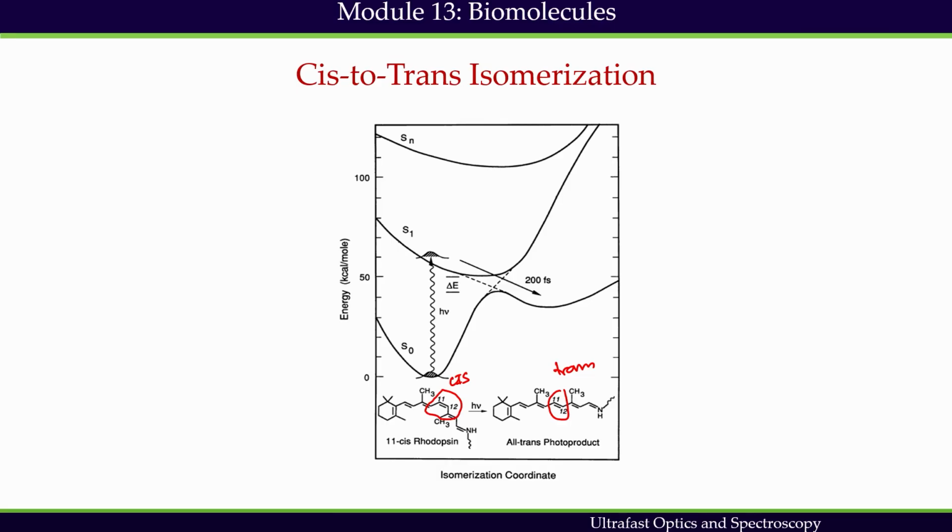So this cis to trans isomerization is the first step of our vision. The moment we see light, it excites this molecule to the excited state, and that excitation leads to a photoproduct, which is the all-trans product.